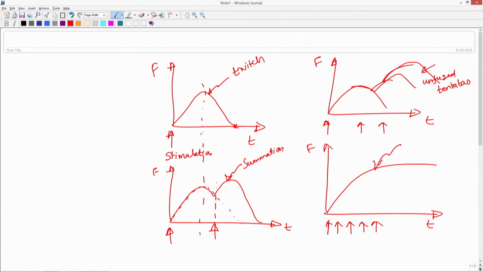This is called the tetanus, not the other one. Or in some textbooks you will say fused tetanus. This one is the unfused tetanus, it keeps building up, this is called the fused tetanus. So, this is for one muscle.